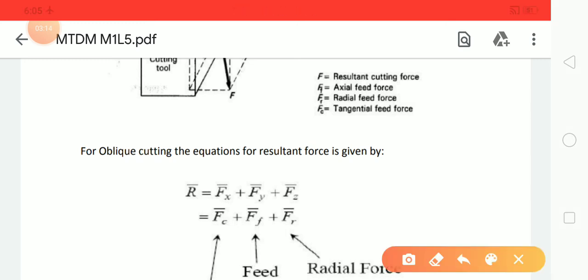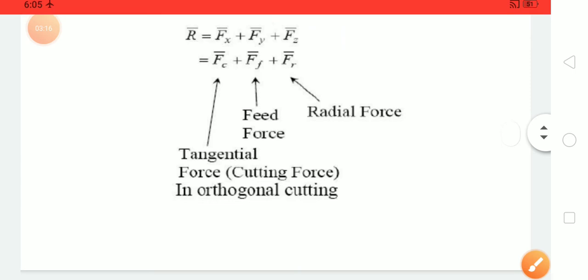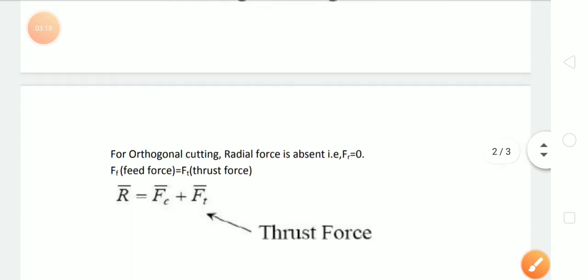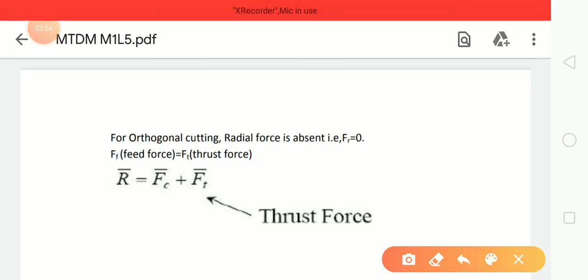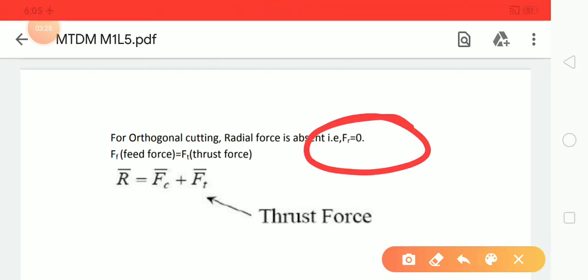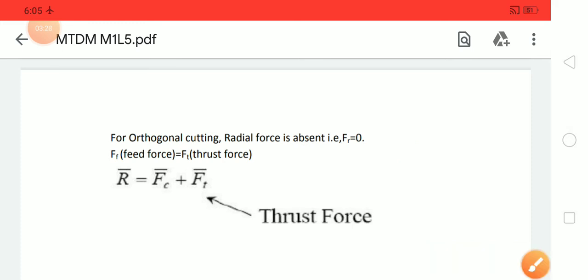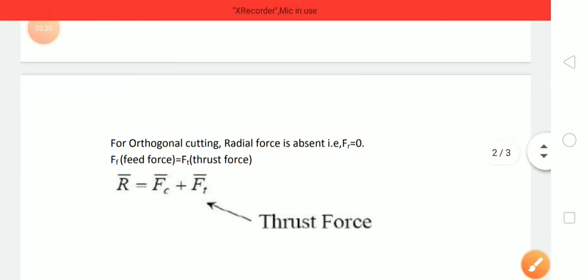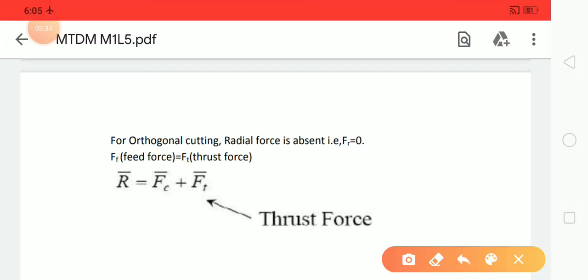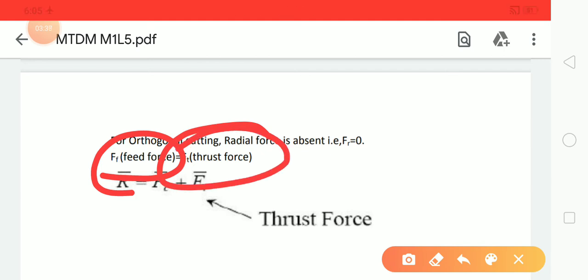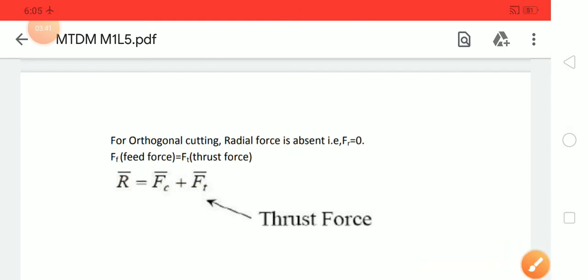If we are considering orthogonal cutting, the important point to remember is that Fr is equal to 0, that is the radial force is absent. There is no radial force for orthogonal cutting. Also keep in mind that the feed force is equal to Ft, that is the thrust force, so the feed force is also called the thrust force.